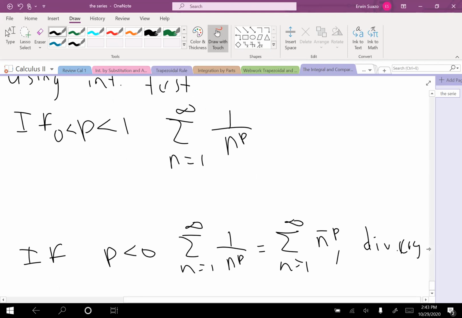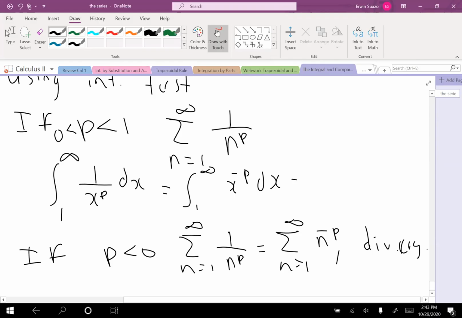For p between 0 and 1, I do again my integral, the integral from 1 to infinity of 1 over x to the p dx, which is x to the minus p dx.